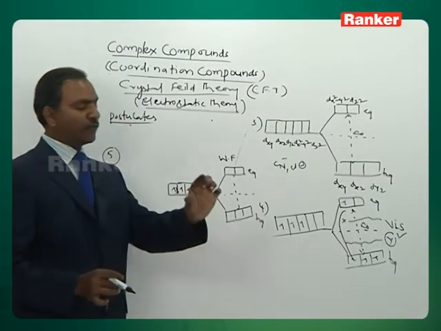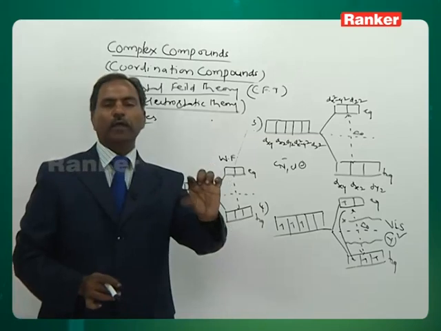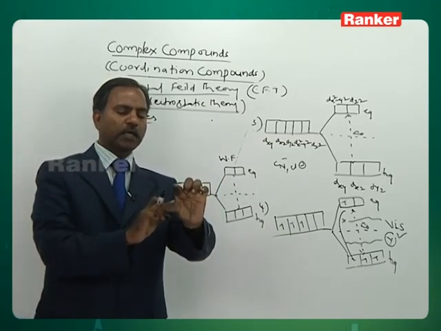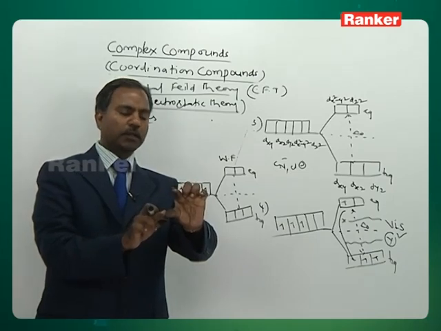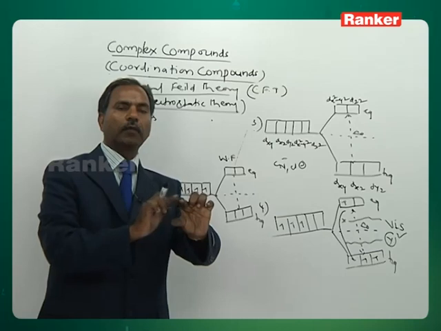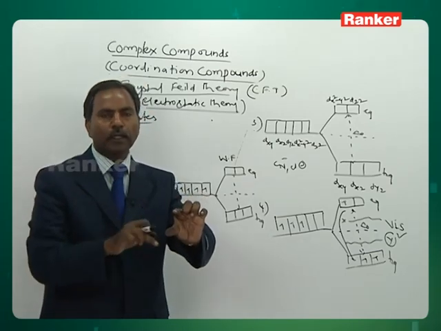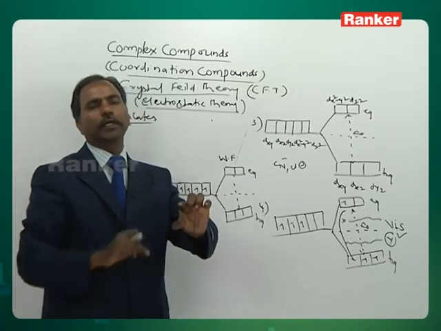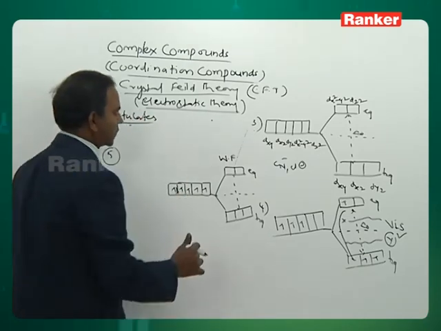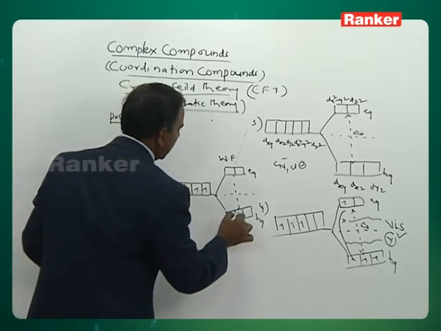Once a weak field ligand is there, the splitting of d orbitals is less. Since the splitting is less, there is no big energy difference, so electrons can fill the lower energy levels and can also enter the higher energy level. Therefore, pairing of electrons is not taking place with a weak field ligand.